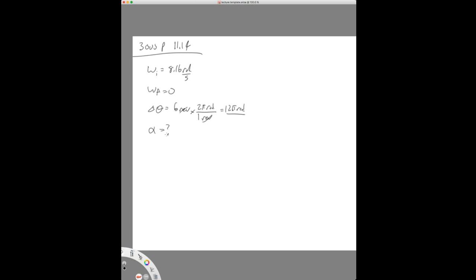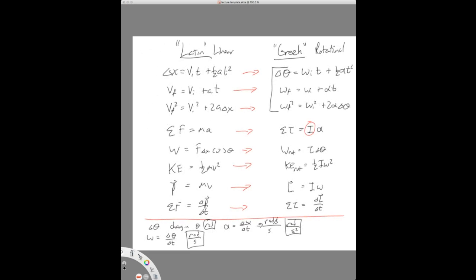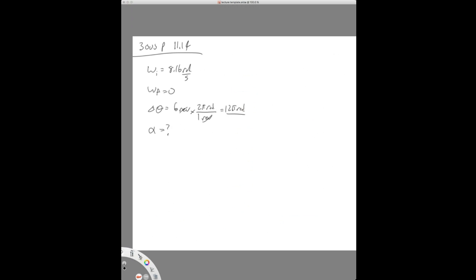Once I translate, it is almost a no-brainer to look at my equations and recognize that since I don't have time, I don't want to use the first or second equations. I would rather use the third equation. However, you could use the first and second equations, but it would be harder. So omega final squared equals omega initial squared plus 2 alpha delta theta.